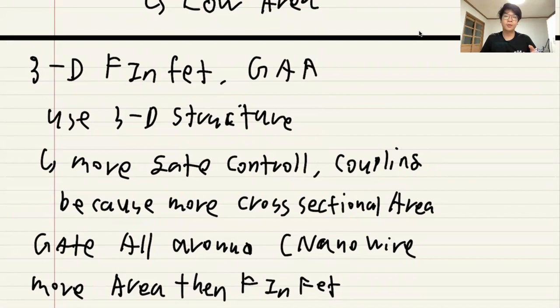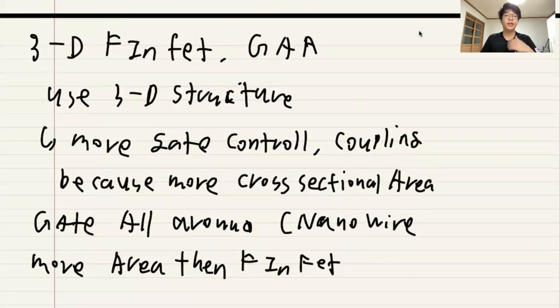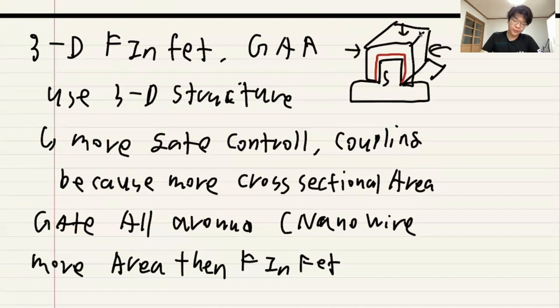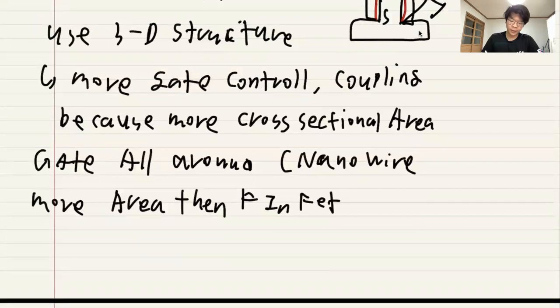GAA is gate-all-around MOSFET. A FinFET has coverage of three sides, shaped like here, and there is a substrate and a very thin oxide layer, and there is a gate. So FinFET covers three sides, 1, 2, 3, and the GAA gate-all-around device covers more area than the FinFET.